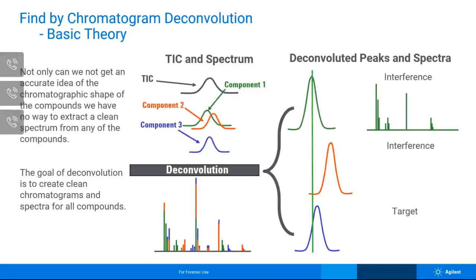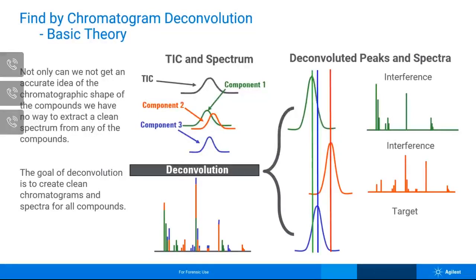And so as the deconvolution algorithm is going across what we think is one peak, it's pulling out extracted ions and placing them with the same retention time and peak shape features into a spectral table. And it does that as it goes through that ion peak, creating that spectral table.